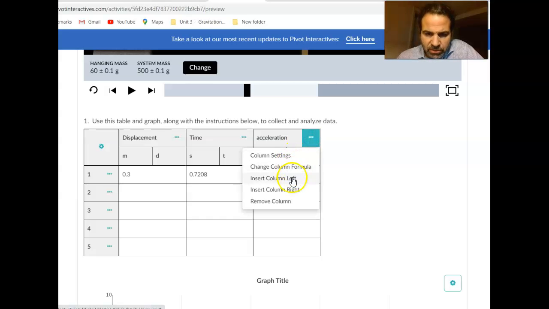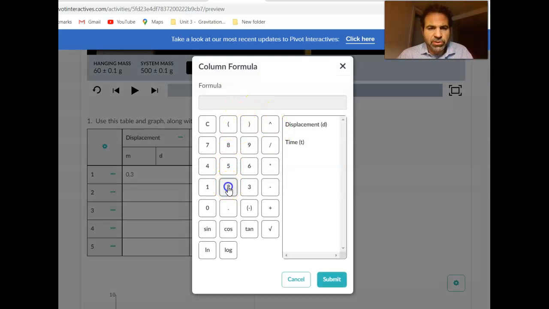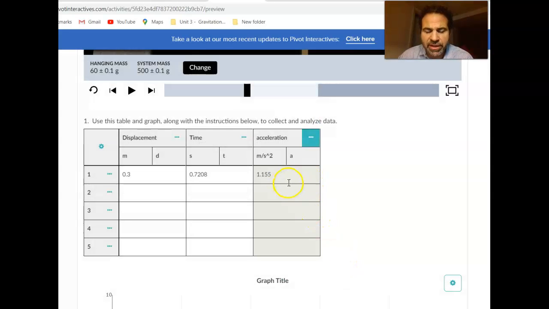So I'm going to insert a column formula: 2 times the displacement divided by parentheses time squared. Again, that's just rearranging the kinematics equation to solve for acceleration if you know displacement and time, and if you are starting from zero velocity, so the v naught t part of the equation disappears. It automatically calculates my acceleration.